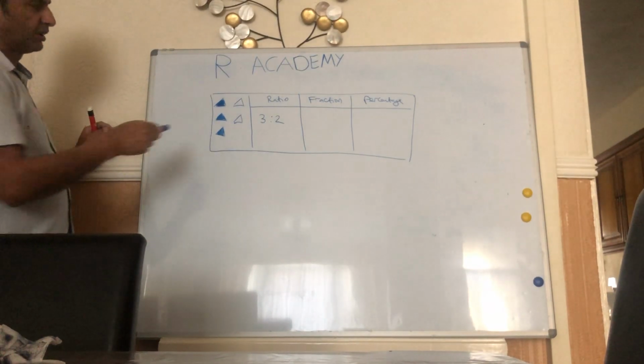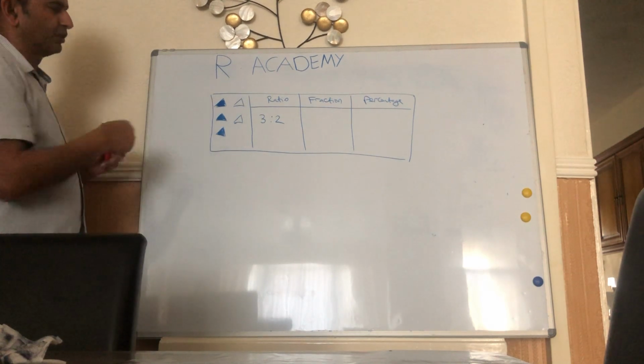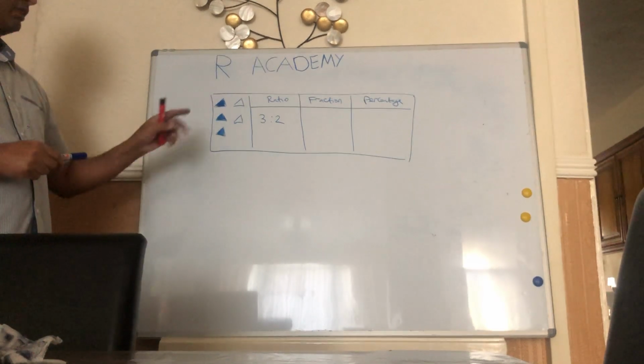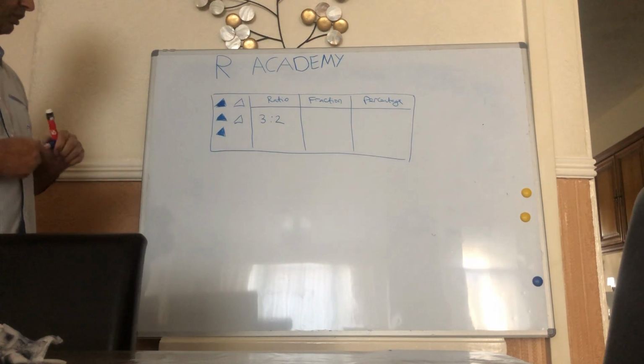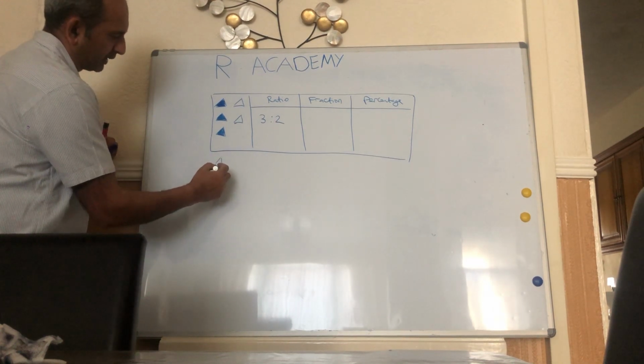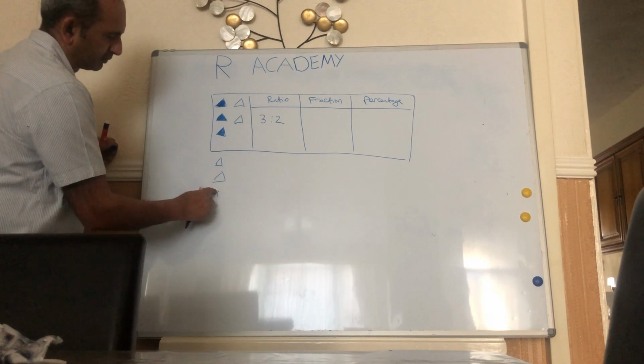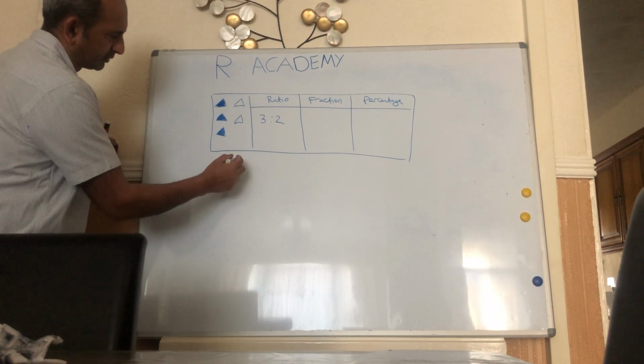Okay, so this one hasn't got a color, so we'll just say 3 blues. So it's 3 to 2. That's how you would write that ratio. Like I said, if it was the other way around, I'll explain it to you in a different way. There's your tenths. Like that.